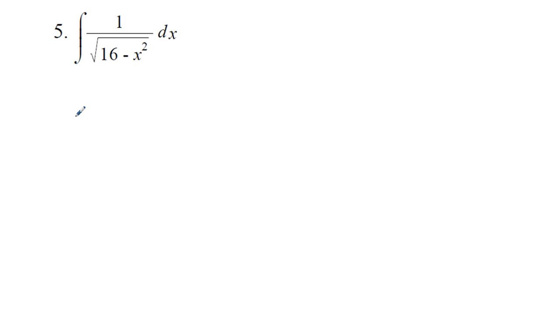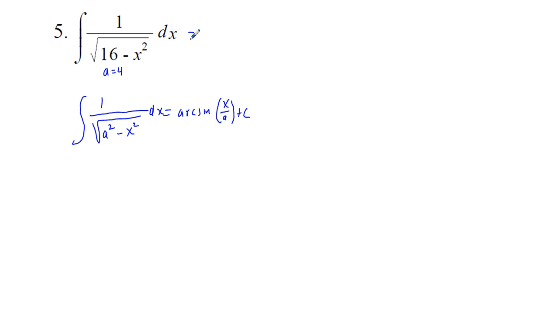Say integral of 1 over square root of, we'll say, a squared minus x squared dx, and that's going to be equal to arcsin of x over a plus c. And so a is going to be equal to 4, because 4 squared is 16.